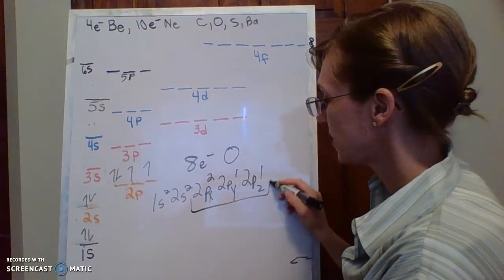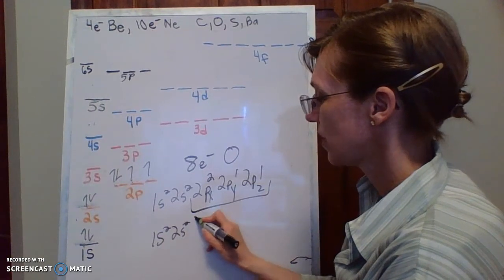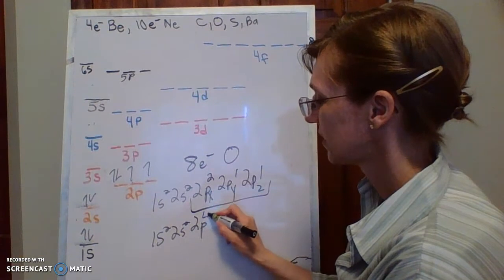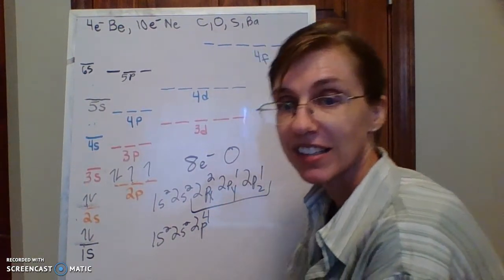Okay? P's we can put together in the condensed version. 1s2, 2s2, 2p, 2, 3, and 4. So 4. Okay? Electron configurations for oxygen.